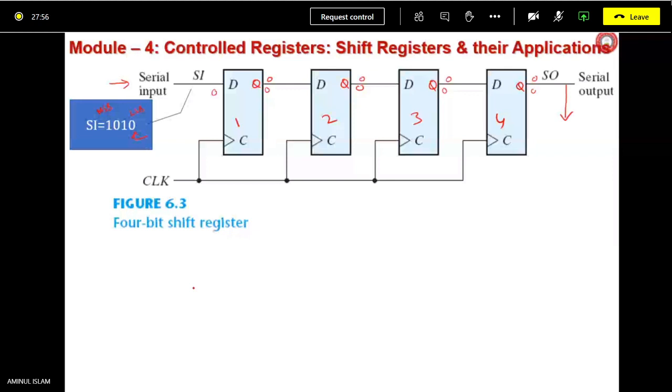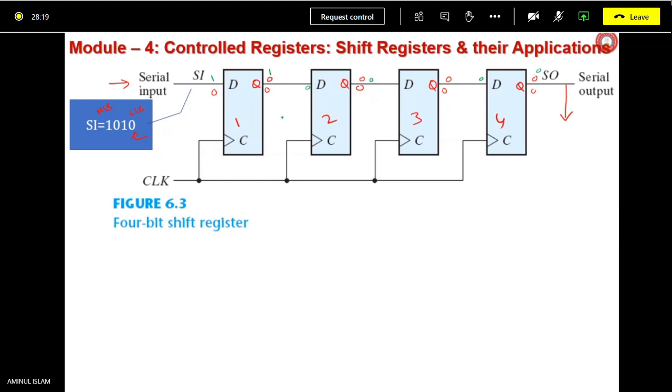The input is 1 now. When the second clock has come, your stored value is going to be 1. Here 0 was held, so it will be 0 only. Everywhere 0 will be stored because 0 was the input.